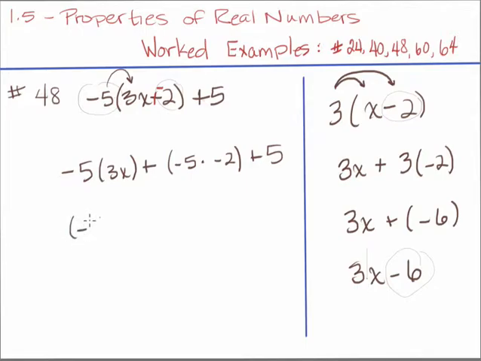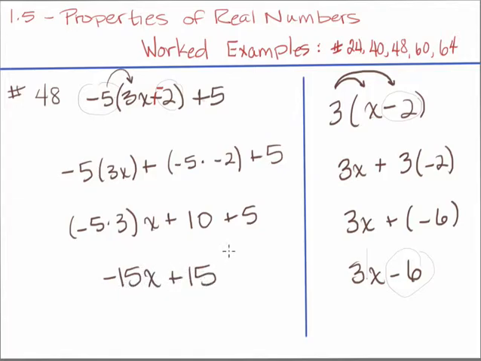Reassociating here gives me negative 5 times 3 times x plus negative 5 times negative 2 is positive 10 plus 5. Negative 5 times 3 is negative 15 times x, and 10 plus 5 is 15.